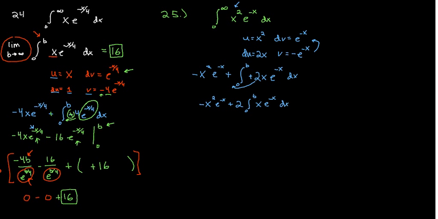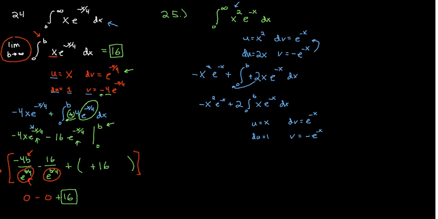Alright, now this problem becomes very similar to the one we had on 24. So we're going to do one more integration by parts. U is equal to x, du is equal to 1, dv is equal to e to the negative x, and v is equal to negative e to the negative x.